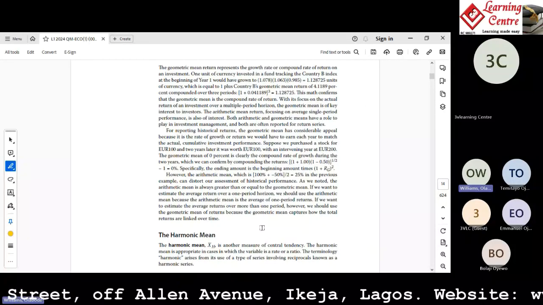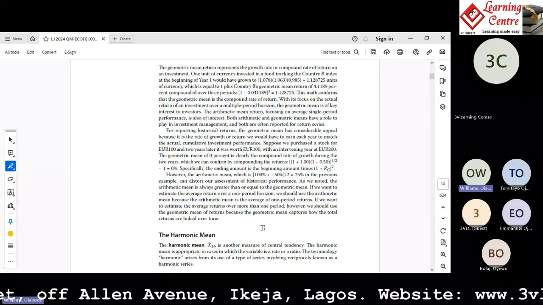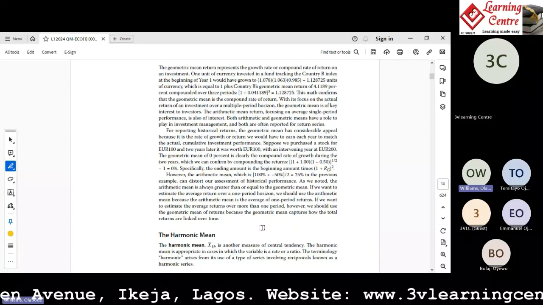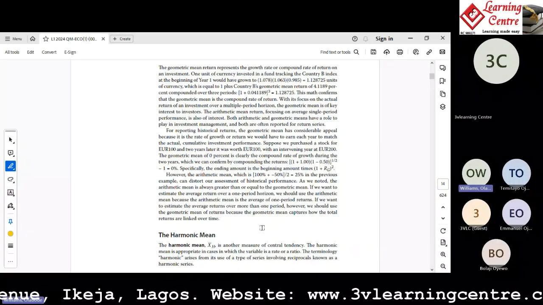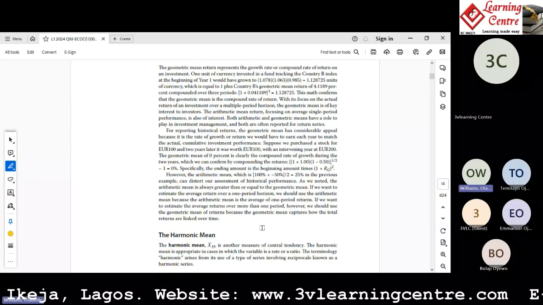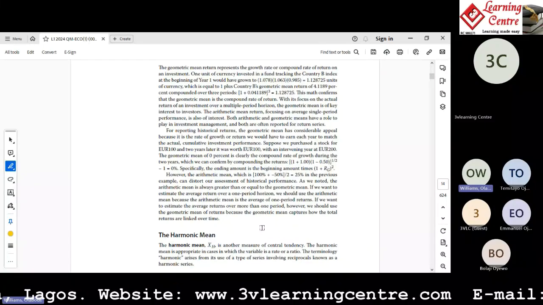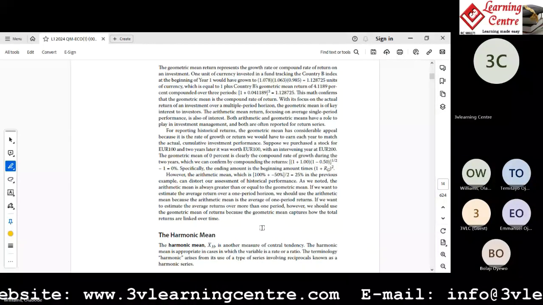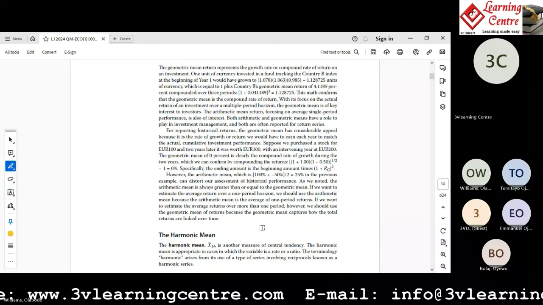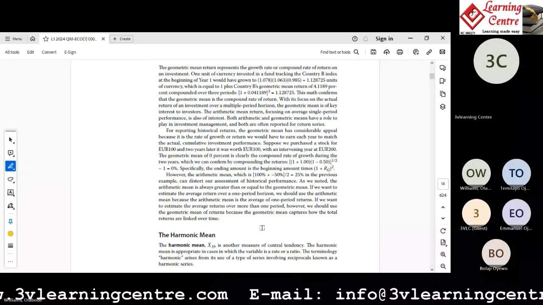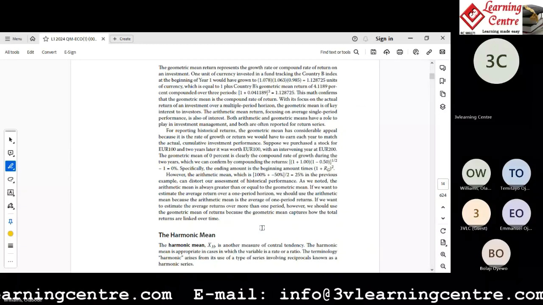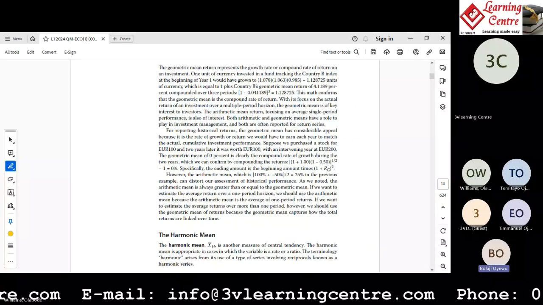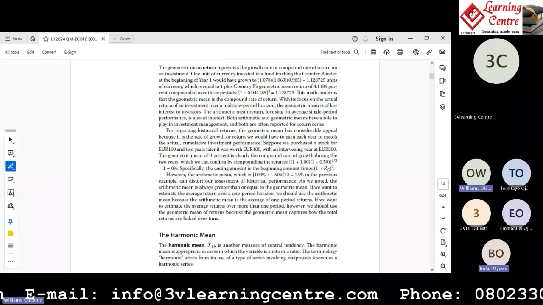Second question as a refresher. Geometric mean or arithmetic mean, which one would typically be higher? Anyone? Arithmetic mean.